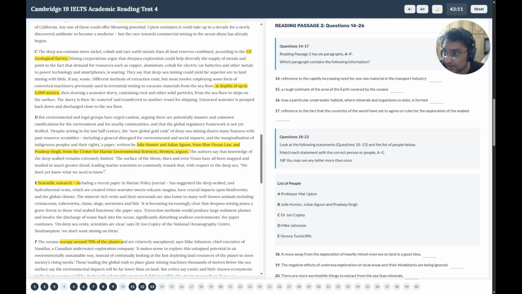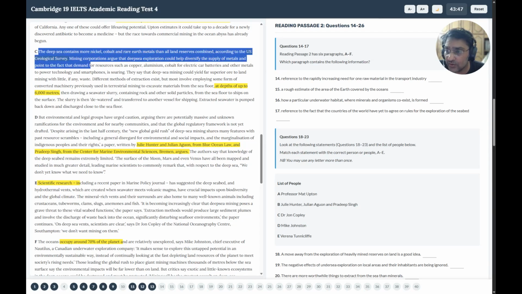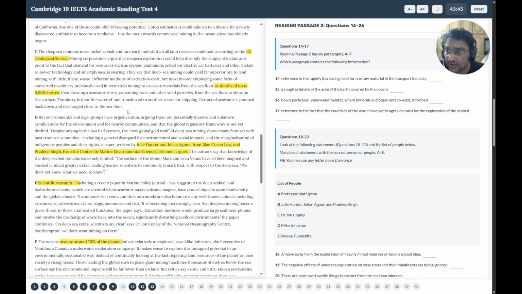So, the thing about this is the first 1 to 2 lines and the last 1 to 2 lines contain a lot of information. The slurries then dewater and transfer to the atmosphere. Extracted are pumped back down, discharged close to the seafloor. Okay. Deep sea could help diversify and pointed out the demand for resources.